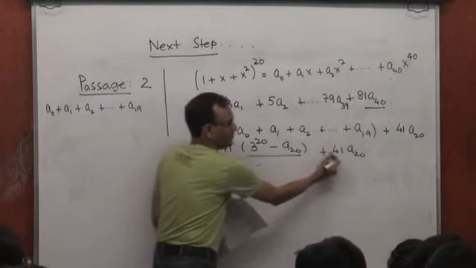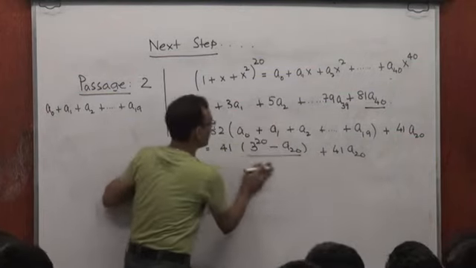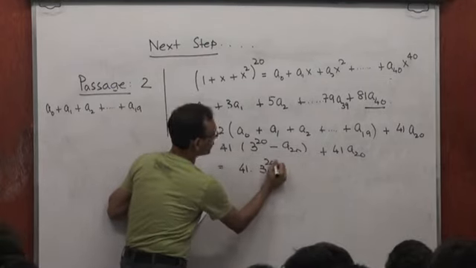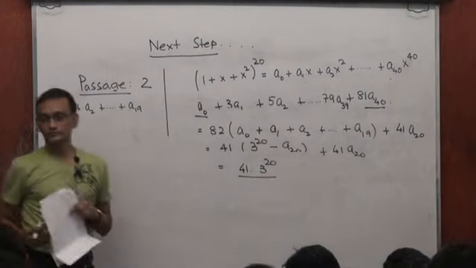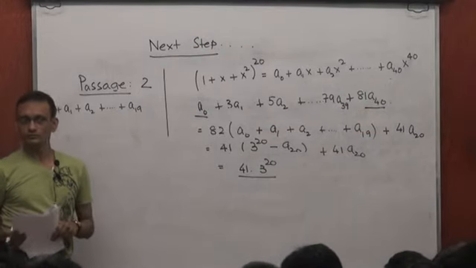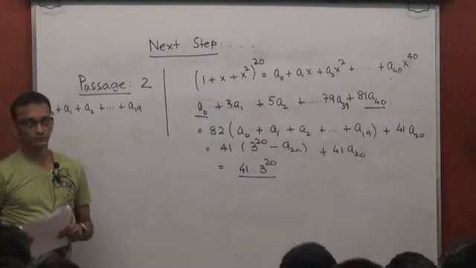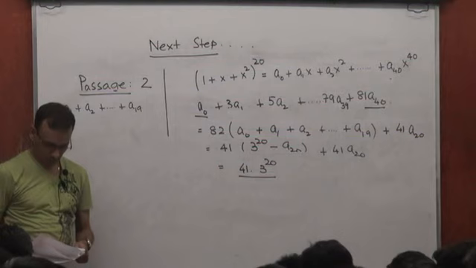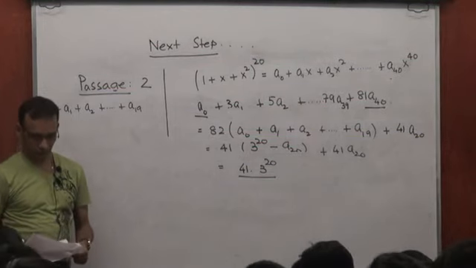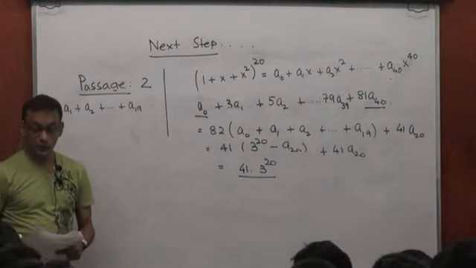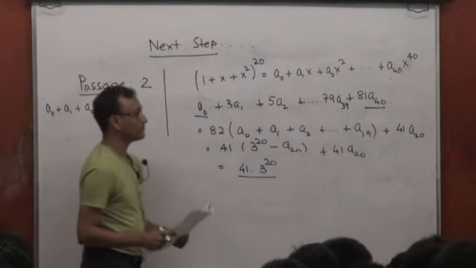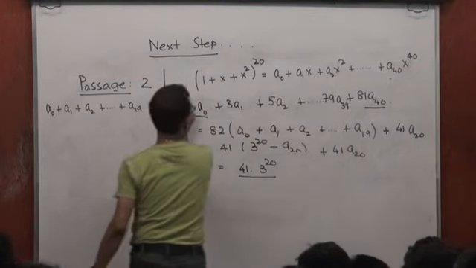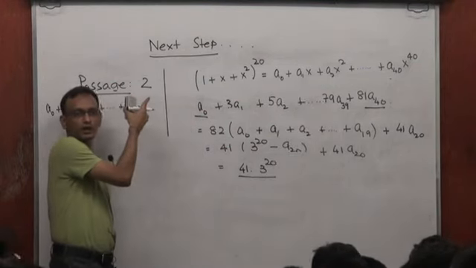And 41 A20 will get cancelled with 41 A20 here, leaving you with 41 into 3 to the power 20. Right? Look at 23. Look at 23. I hope all of you got it right.